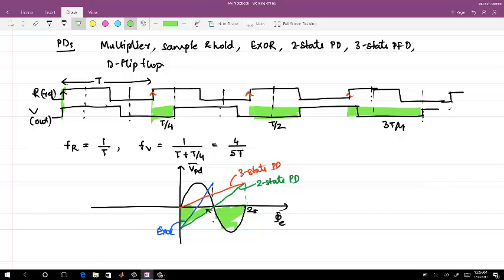But if you look at an average of these, let me write VPD average for your sinusoidal, XOR, two-state PD. What can you comment on that?